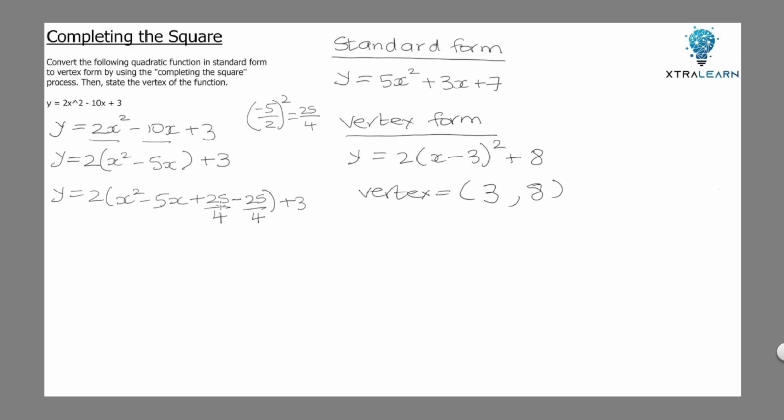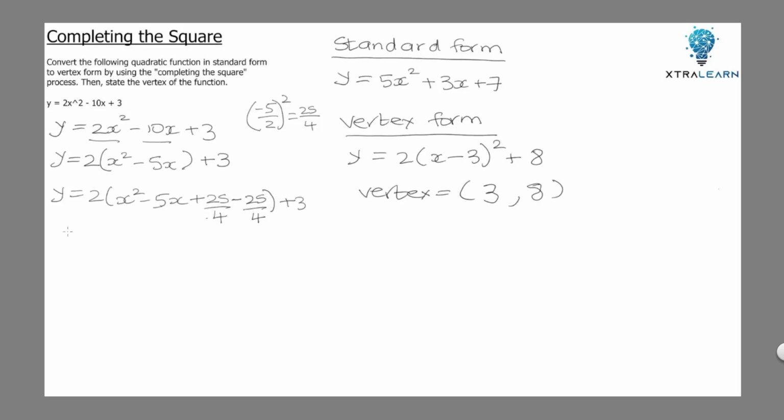What we've done here, as you can see, this last line of the equation looks just like the previous line, except for the plus 25 over 4 and the minus 25 over 4. It looks different, but since the plus 25 over 4 and the minus 25 over 4 cancel each other out because they're opposite expressions, one's adding 25 over 4 and the other is subtracting 25 over 4, they're basically canceling each other out. Even though it looks different from the previous line, mathematically it's the same.